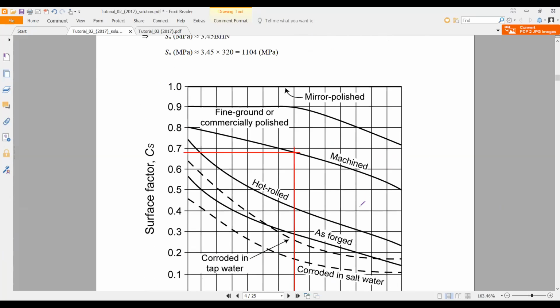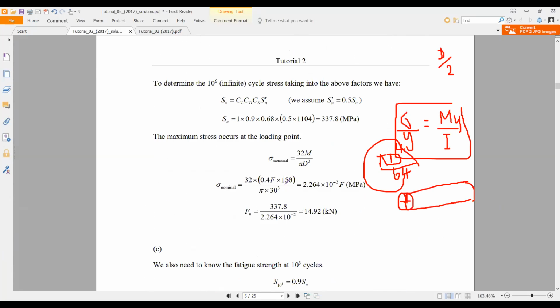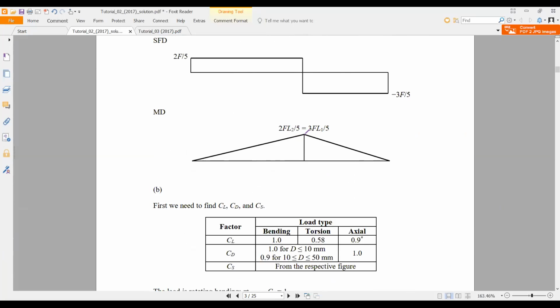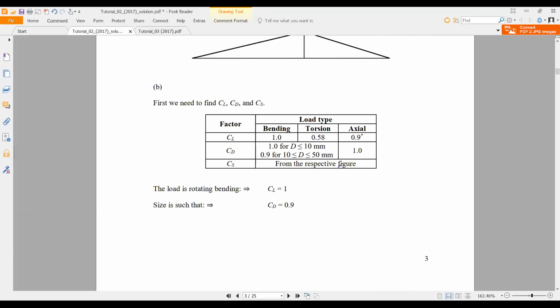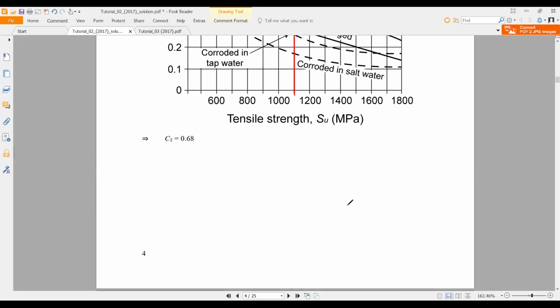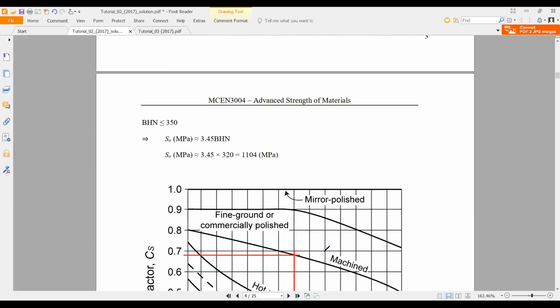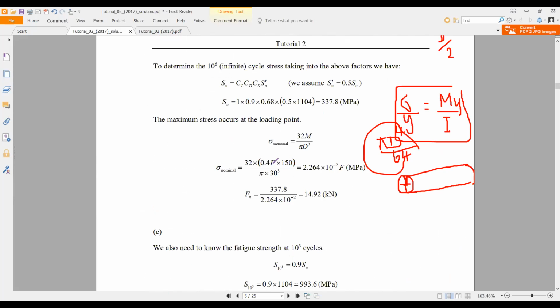So that's why 0.4F times the distance, it is 150. In here, this value. If you get 0.6F, 0.6F times 100, it is also 150. Okay, so at the maximum bending moment point you need to get the values. You substitute here and the dimensions, and you will get the equation with the F.